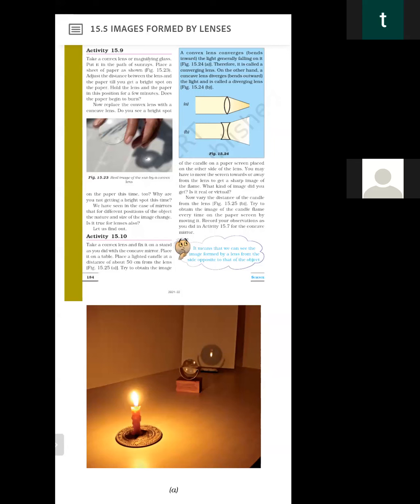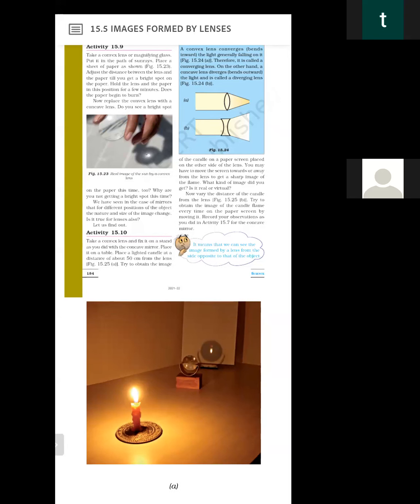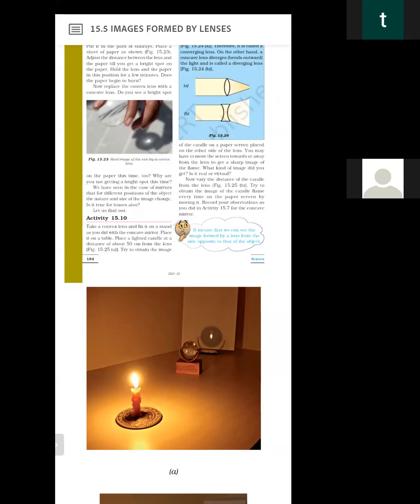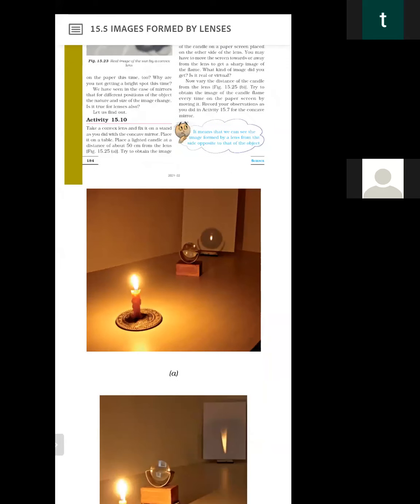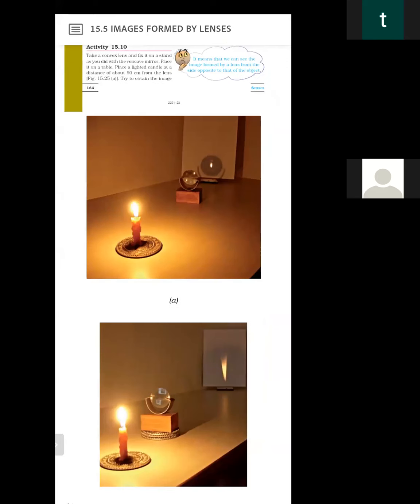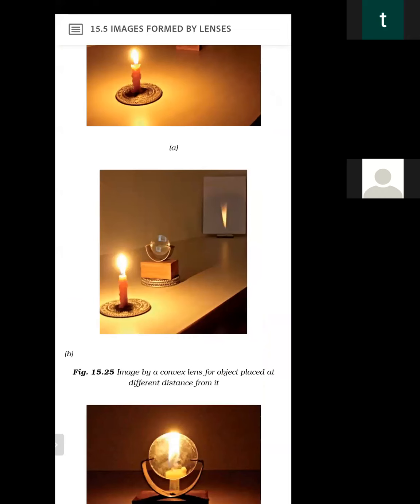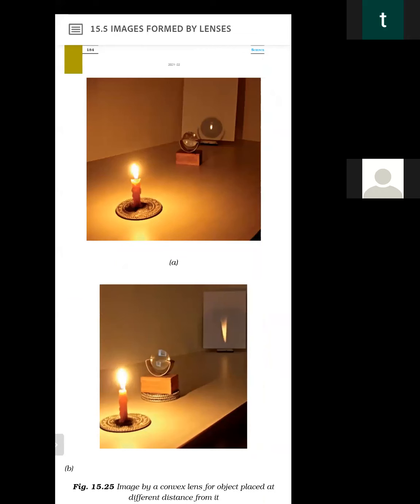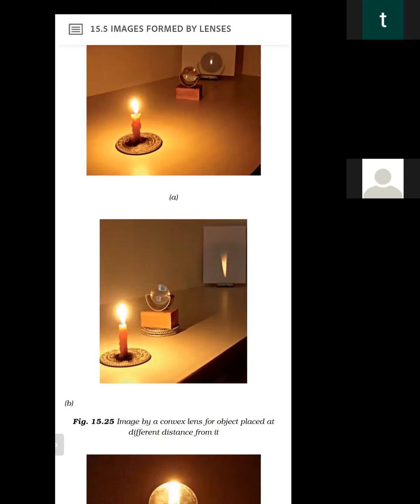Now there is a question. It means that we can see the image formed by a lens from the side opposite to that of the object. Yes, look at the diagram 15.25b. Now the size of the candle flame on the screen is larger than the size of the candle, meaning the image is of large size as compared to the object.